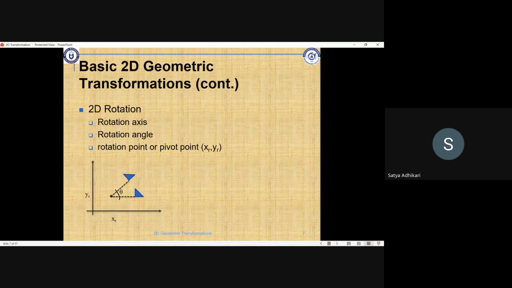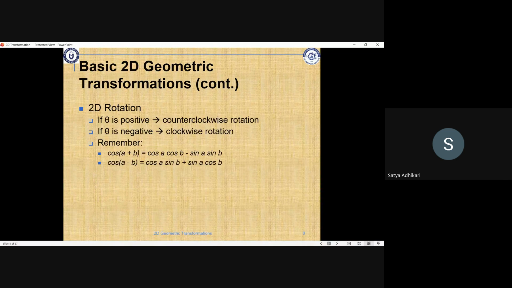So we need these three components to perform the rotation of an object. If the angle theta is positive, then the rotation is counterclockwise or anti-clockwise. If theta is negative, it is a clockwise rotation. So the sign of theta determines the direction of the rotation.